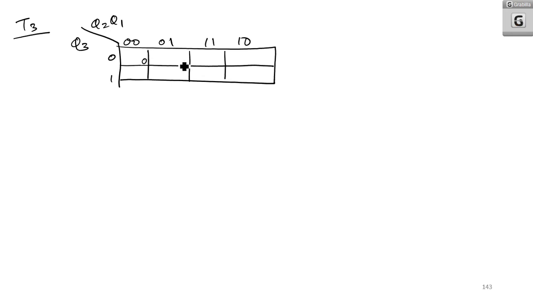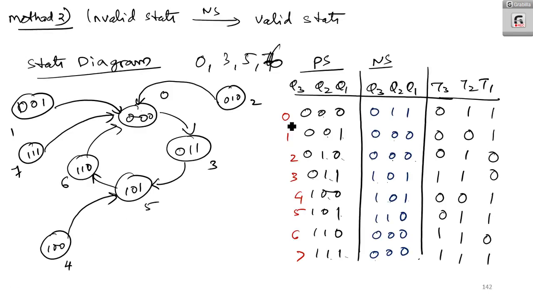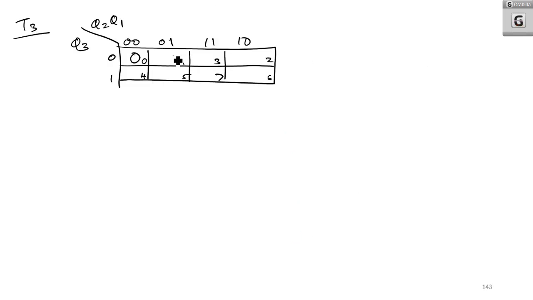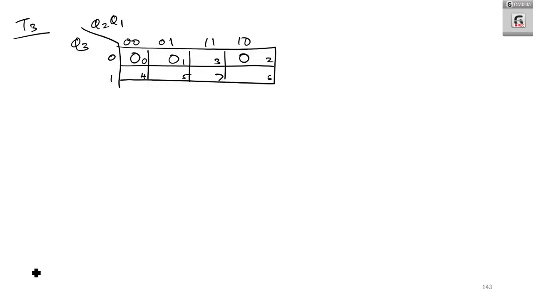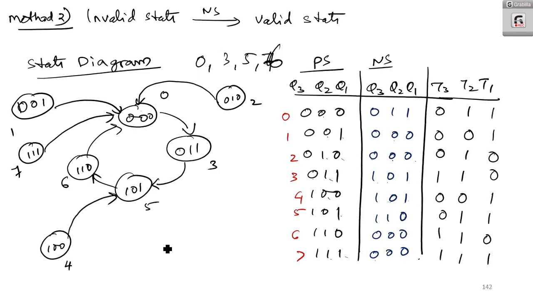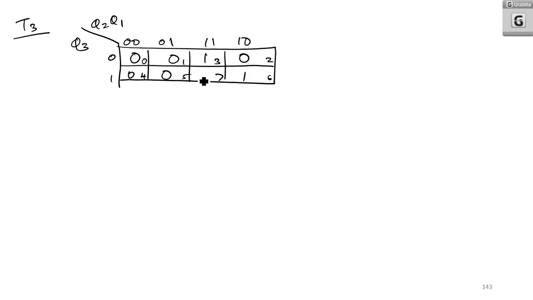This is 0, 1, 2, 3, 4, 5, 6 and 7. For 0, 1, 2 it is 0, then for 3, 4, 5 it is 0, and for 6 and 7 it is 1.